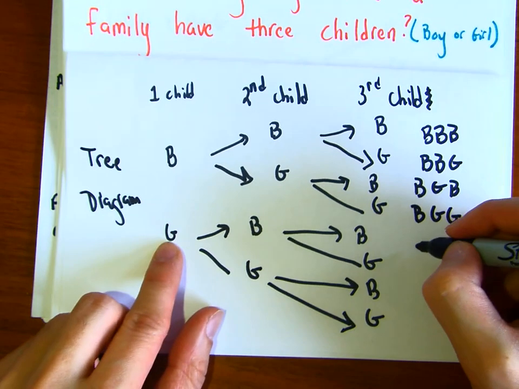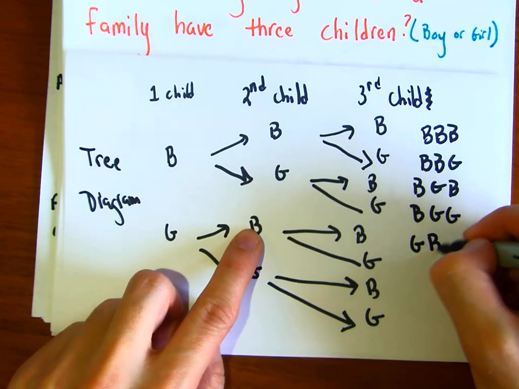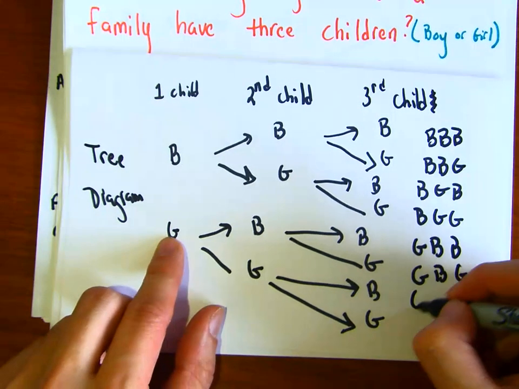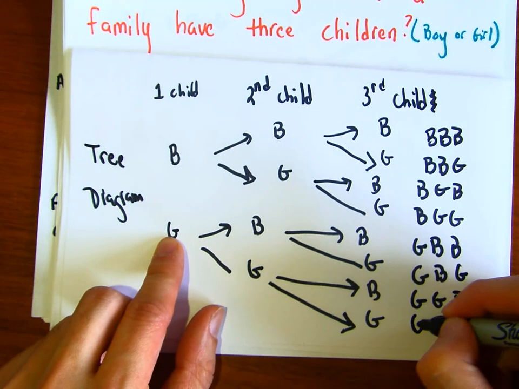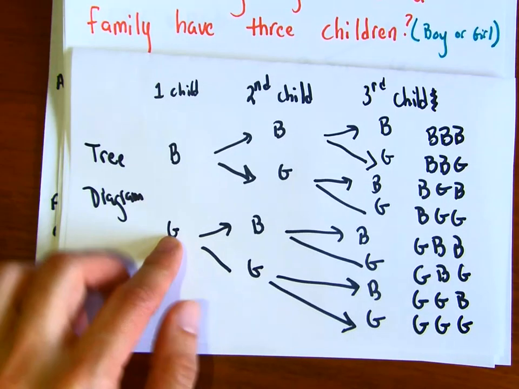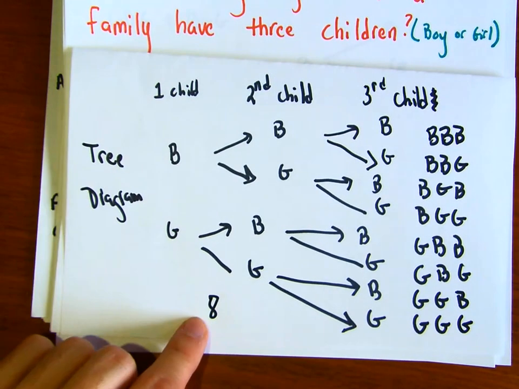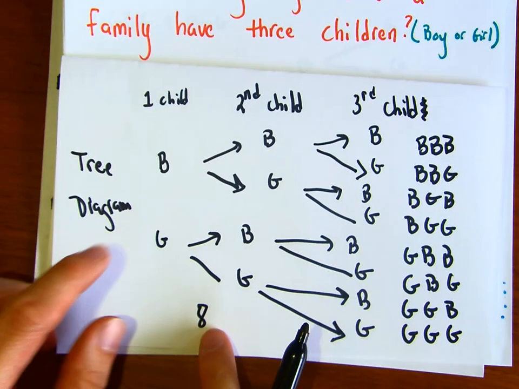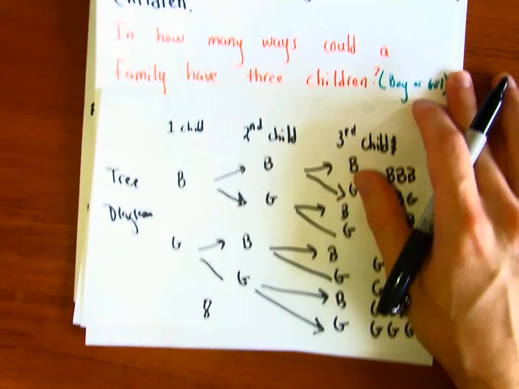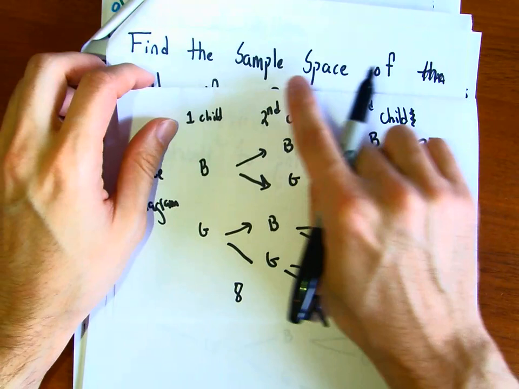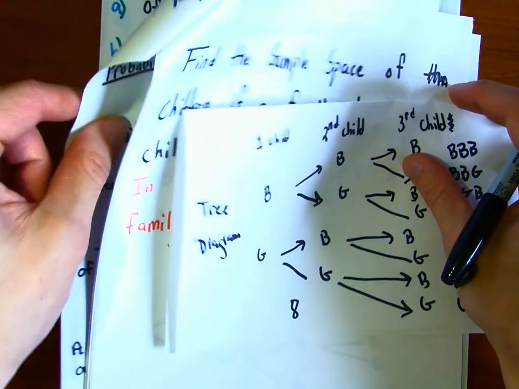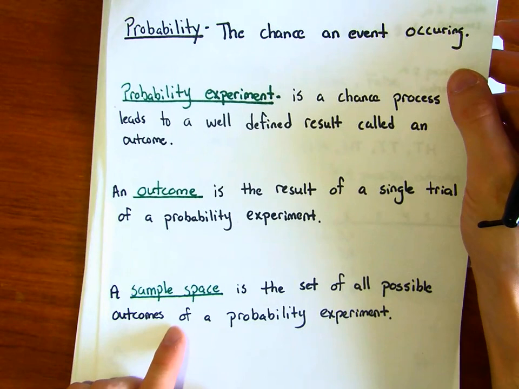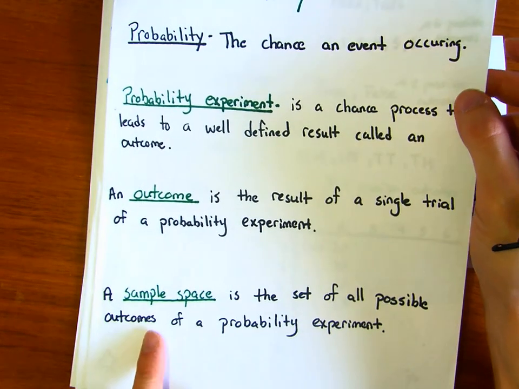I could also have girl, boy, boy, girl, boy, girl, girl, girl, boy, girl, girl, girl. So notice that there are 8 possible ways that you could have 3 children. Okay, so notice that this is what we say is the sample space. Okay, and what is that idea of sample space? If you look back from the beginning of your notes, a sample space is the set of all possible outcomes.